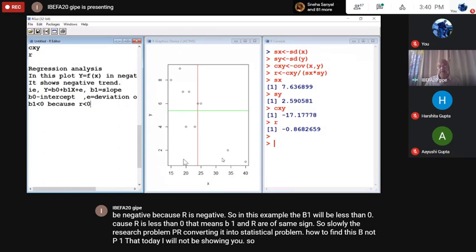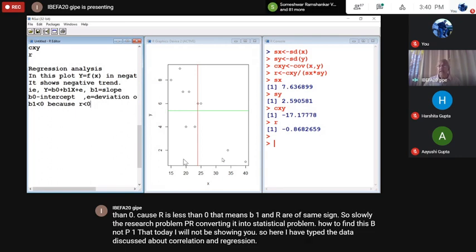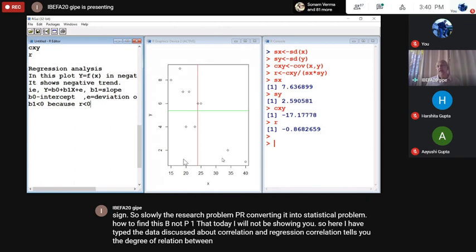So here, I have typed the data and discussed correlation and regression. Correlation tells you the degree of relation between X and Y. Regression tells you an equation for the dependency.